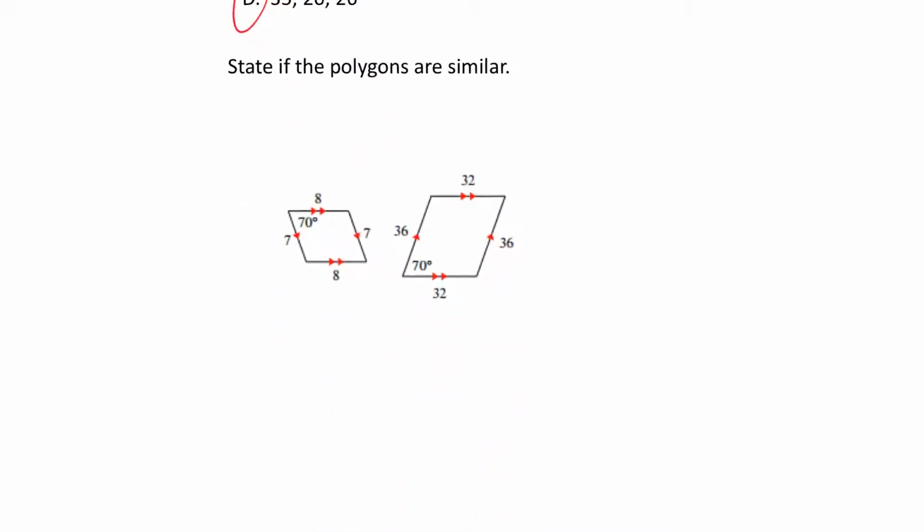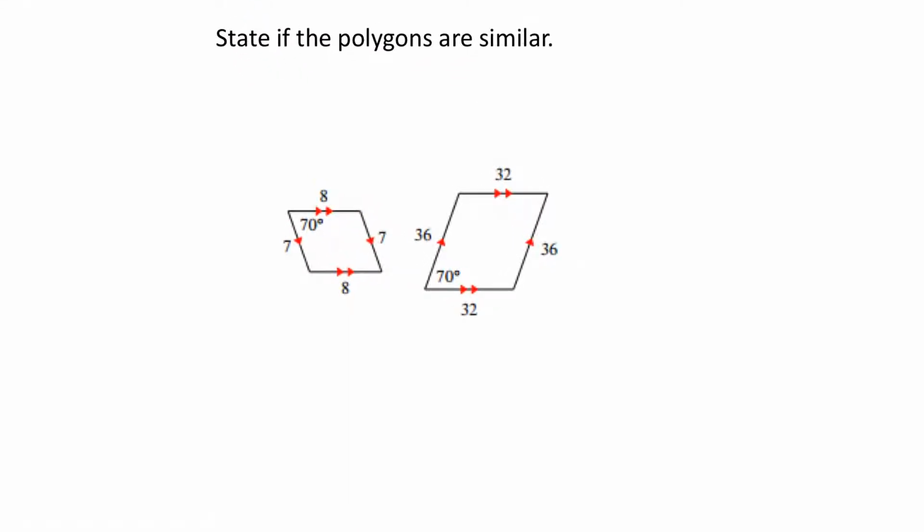Okay, on this last one, state if these are similar. Now we've got to think about what matches up to what. So if you'll notice, you've got the 70 right here, and on this one, the 70 is in a different place. So we're going to have to flip this in our minds to make these match up. Basically, this bigger one, I need to turn it 90 degrees. So what is the 8 going to match up to?